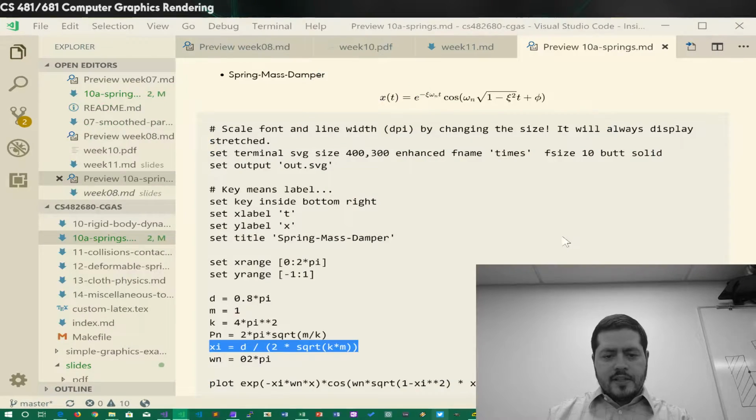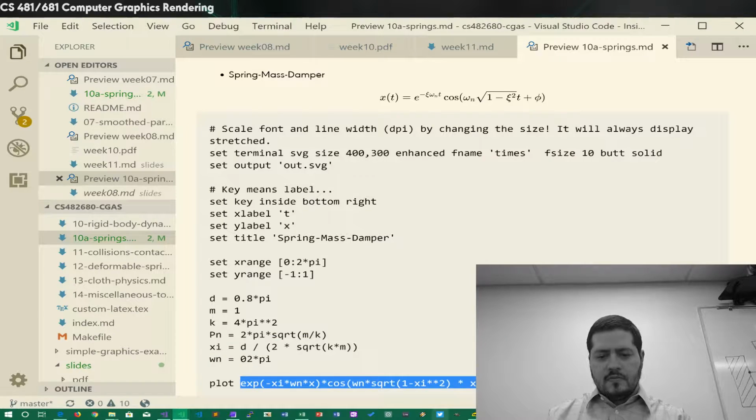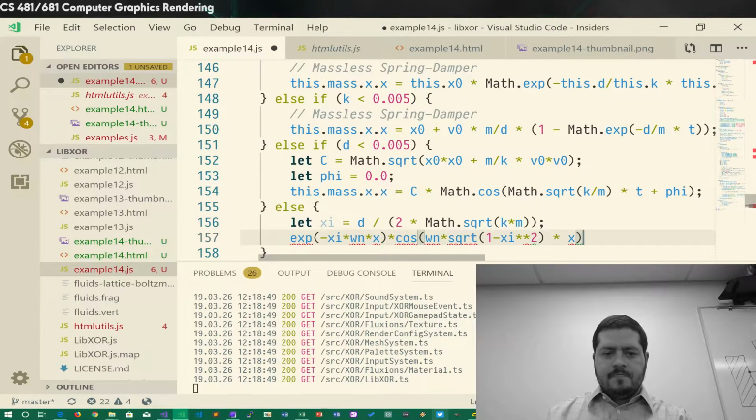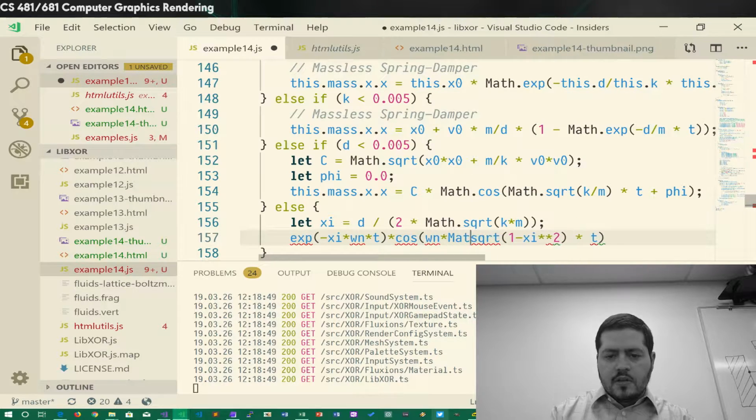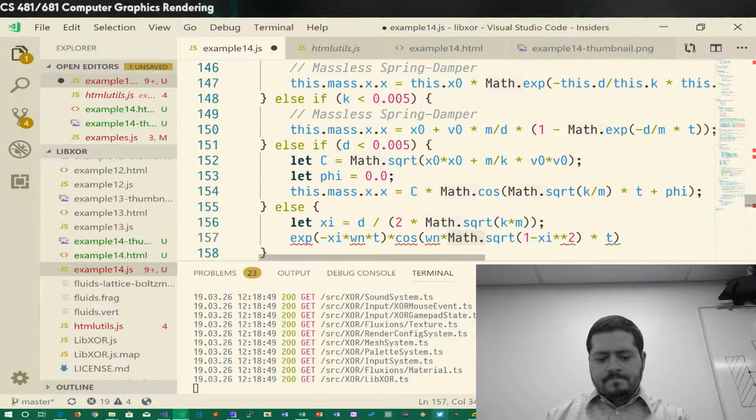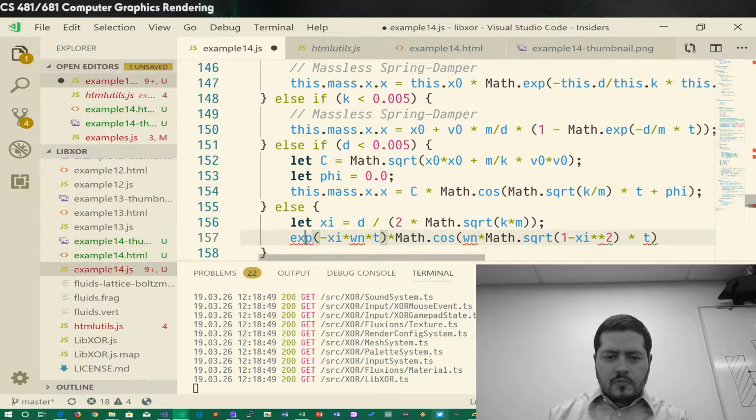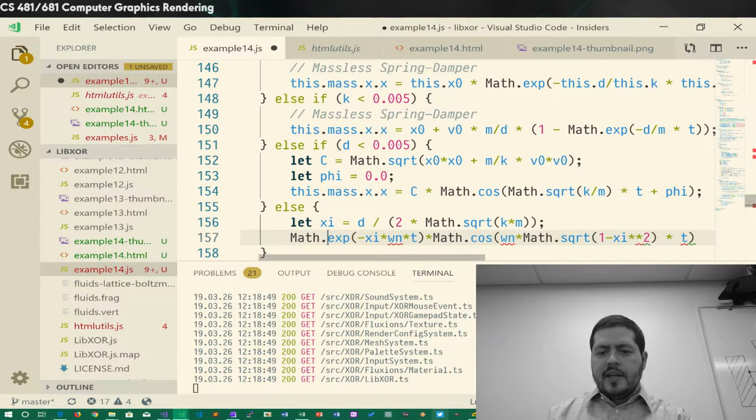Okay, so we have xi, and those are t's. If I see x, it should be t. We also have another term, which is omega n.